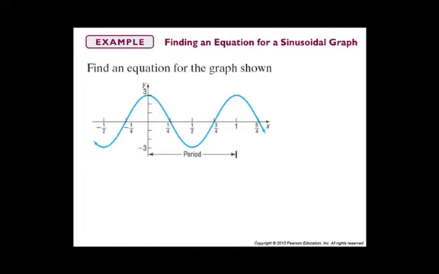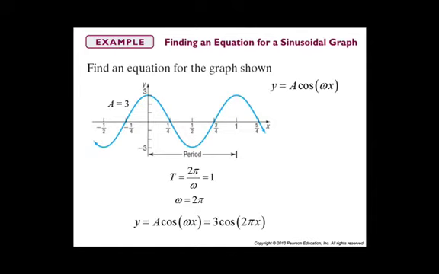So we can translate that one rotation or revolution as 2 pi. And therefore our final equation is equal to 3 cosine 2 pi of x.